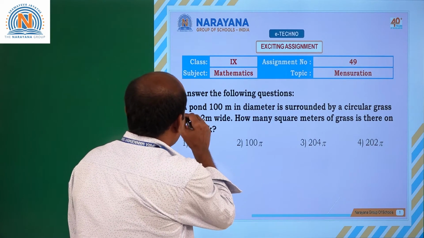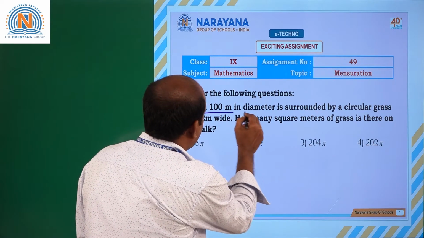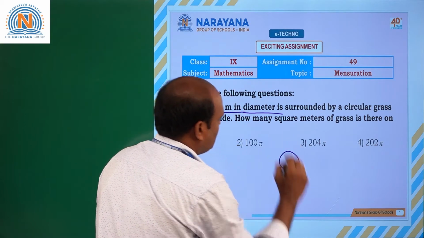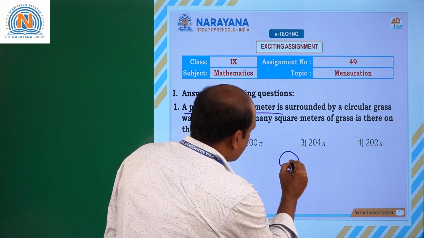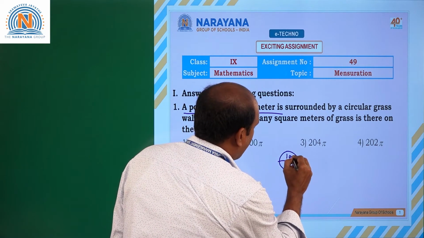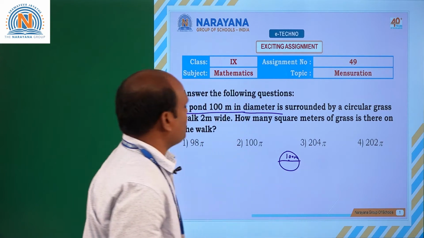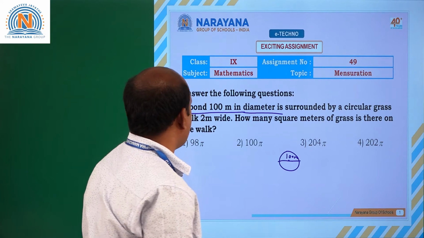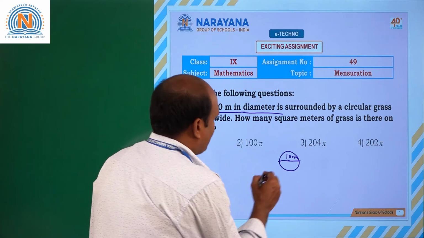So given one pond is there, that pond is 100 meter in diameter. Suppose this is the pond. What is the diameter of this pond? Diameter of this pond is 100 meters, surrounded by a circular grass walk of 2 meter wide.